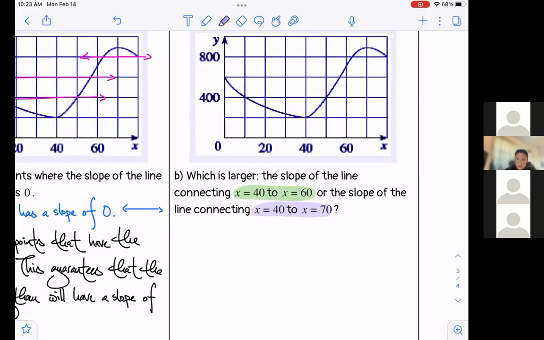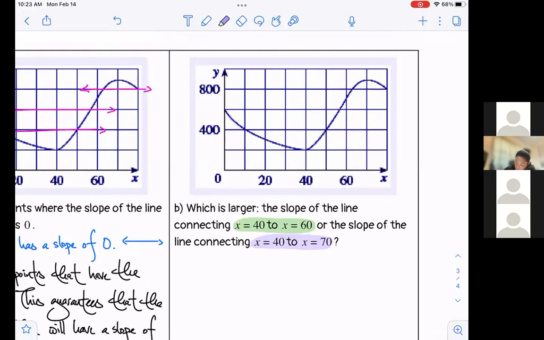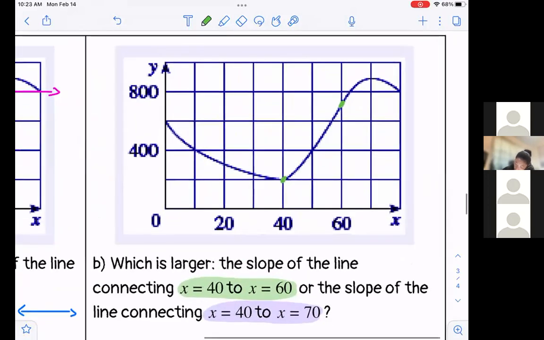Let's see. We've got maybe 40 to 60. All right. So let's go ahead and try and draw these in. Okay. So let me attempt to draw these. 40 to 60 is going to be here. How's the Monday morning drawing going to go? We're never quite sure.